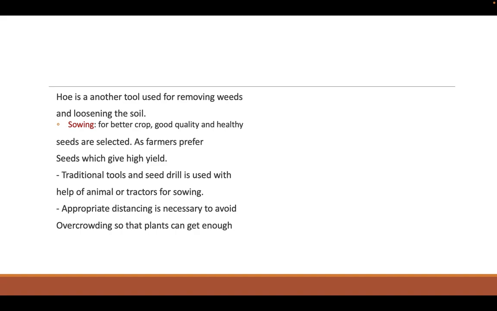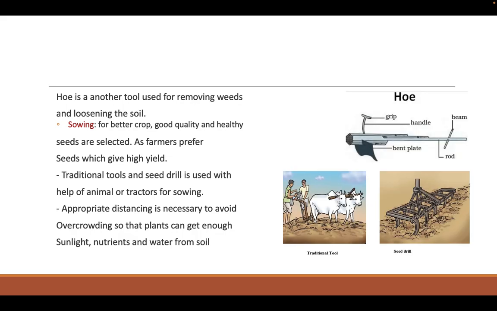If they cannot get enough nutrients, they are not going to grow properly. So proper distancing has to be maintained so that all the plants are getting enough nutrients for a better crop. So appropriate distancing is needed to get enough sunlight, nutrients, and water from the soil.